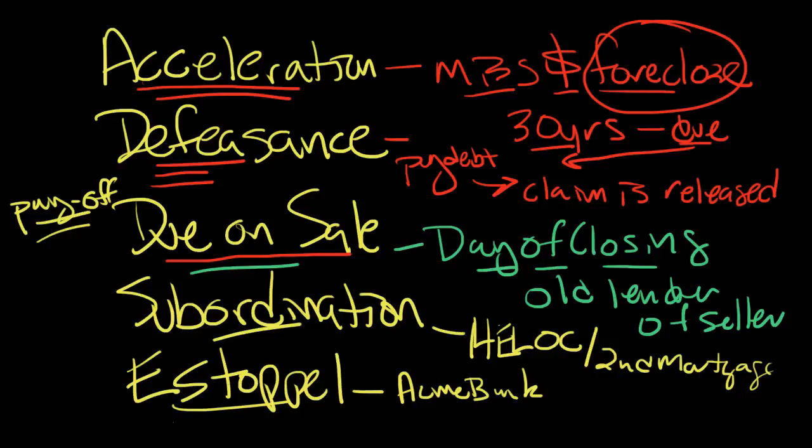You can defeat the mortgage through the defeasance clause. You have to pay off your mortgage amount at the day of closing. You can add more debt to the property, especially if your equity goes up. And sometimes your loan is sold under the estoppel clause from one lender to another.